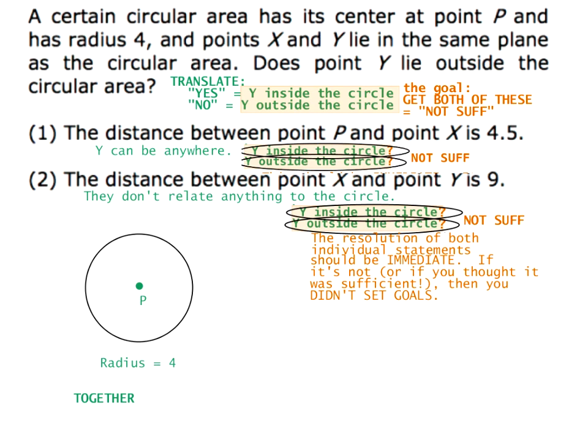the distance between point P and point X is 4.5. Now the thing that's neat about circles is that you can rotate them and nothing changes. So you can actually put X in one place and that actually covers all possibilities of X. So X is a little bit outside the circle. It's half a unit outside the circle. So this is the only placement of X that we really have to think about.